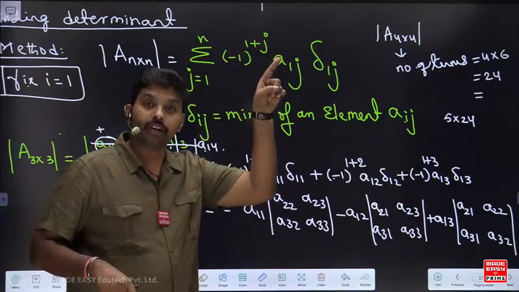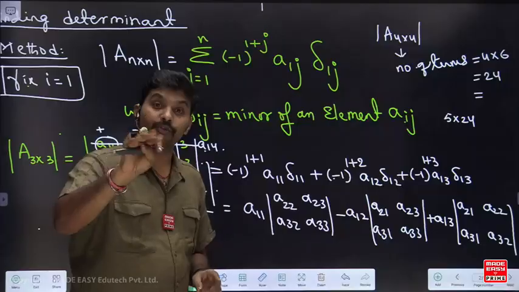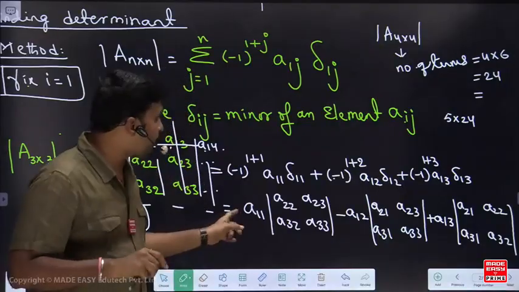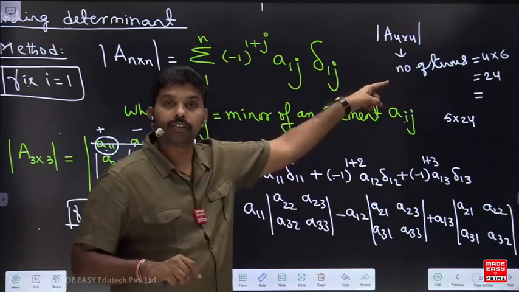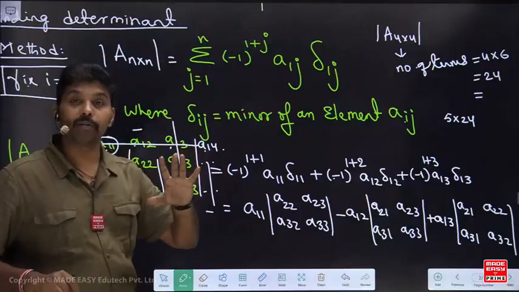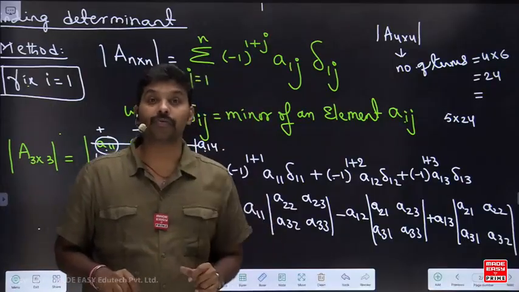For 5/5, the 4/4 minor comes, and 24 terms are there. So like that in a 5/5 matrix we'll have 5 elements in every row.